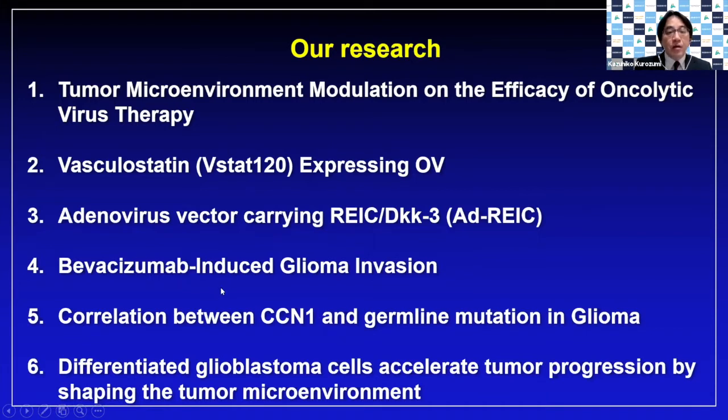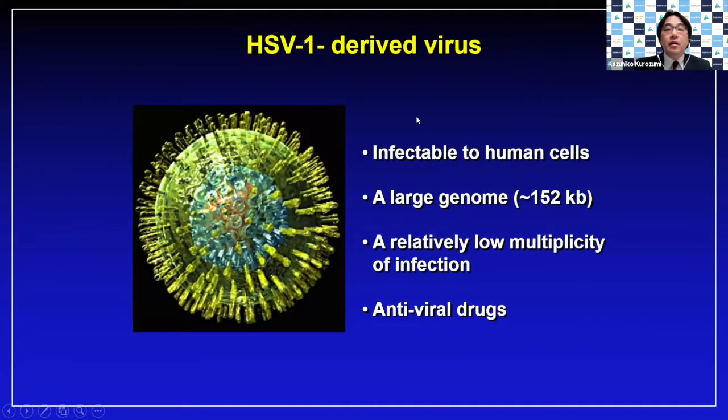We are focusing on glioma invasion, especially bevacizumab-induced invasion, biomarkers, and glioma stem cells and differentiated glioma cells. First, I also use an HSV1-derived virus that can infect human cells. It has a large genome, a relatively low multiplicity of infection, and antiviral drugs are available.